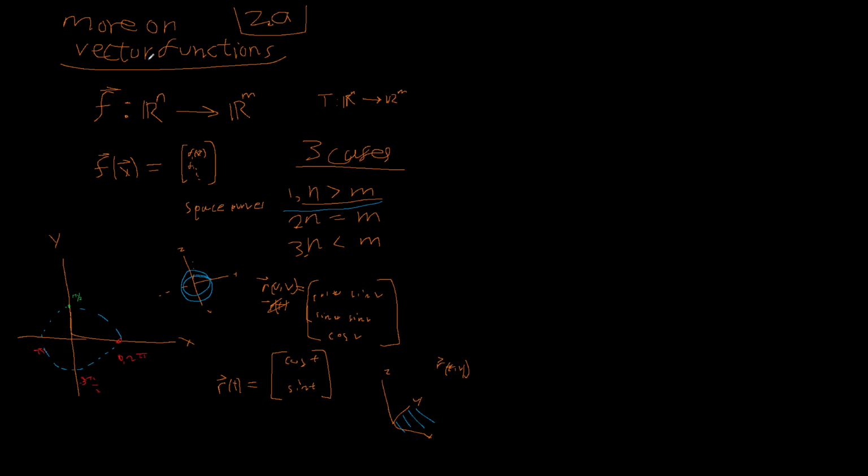And the second case is going to be a bit trickier because I'm going to have to erase a lot of stuff here. But actually, I probably don't need to. I could get away with just writing it here. This n equals m case here is what we already looked at: vector fields.